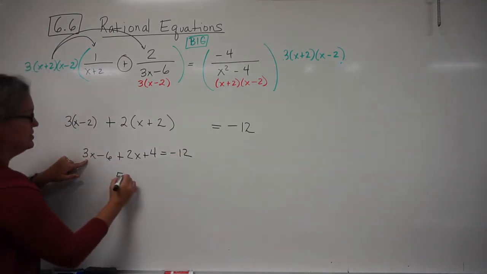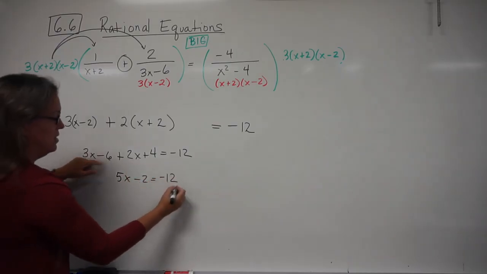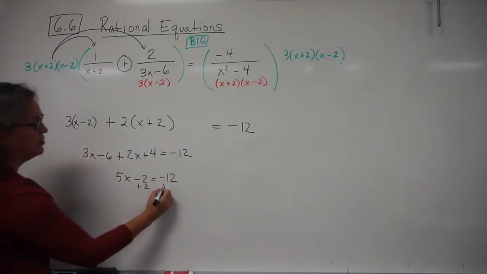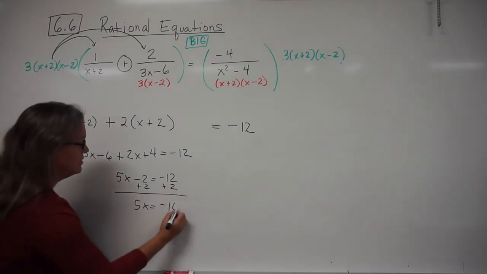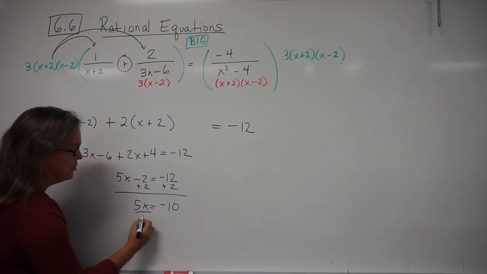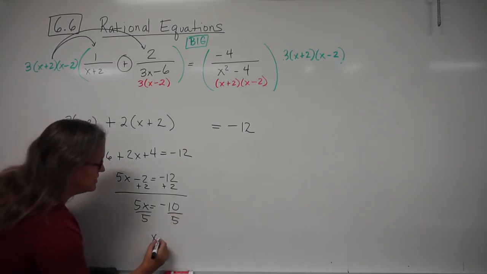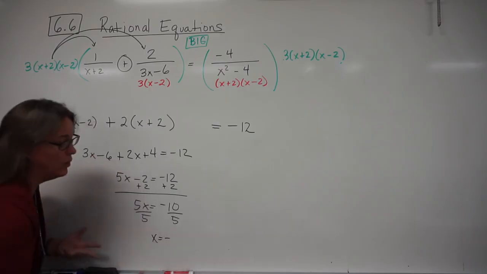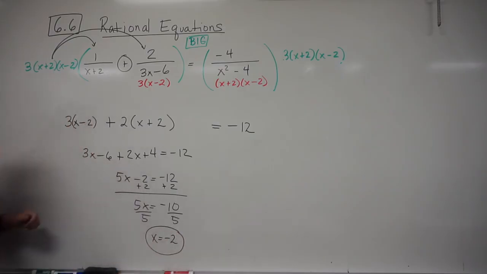Combine like terms. We get minus 2. And let's add the 2 to both sides. 5x equals negative 10. Divide both sides by 5. So again, now at this point, we are just solving the way we did the first or second week of class. So our answer is negative 2.